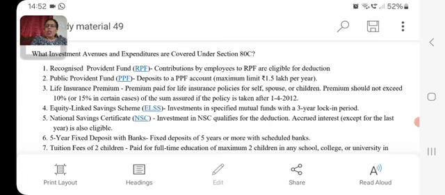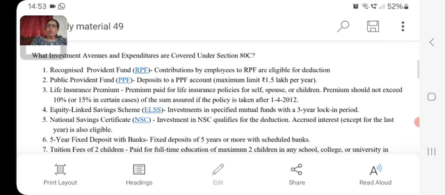Recognized provident fund, unrecognized provident fund, and public provident fund are the major popular provident funds. Among these, if the assessee contributes any amount to recognized provident fund or public provident fund, he can claim the deduction in Section 80C, but he cannot claim deduction for contribution made towards URPF, that means unrecognized provident fund.